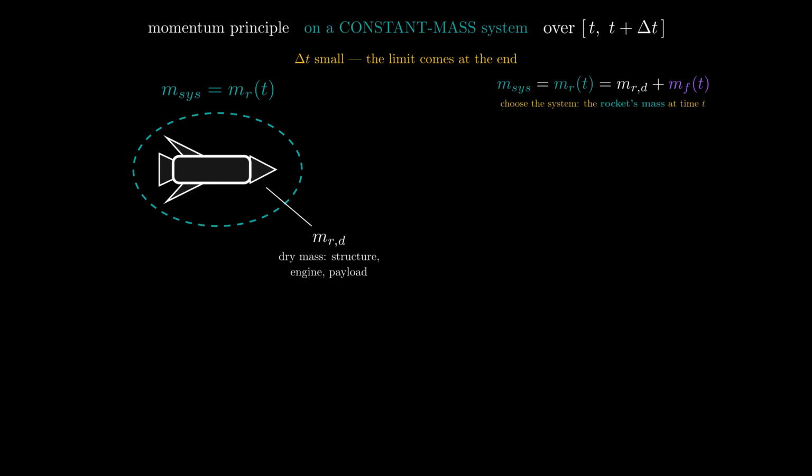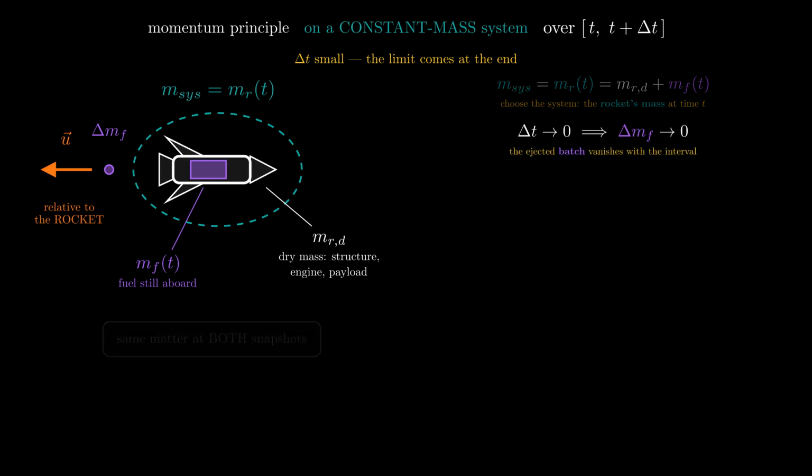M sub rd, the dry mass, structure, engine, payload, plus m sub f of t, the fuel still aboard at time t. During the interval, the engine ejects a small batch of fuel of mass delta m sub f backward at u relative to the rocket. As delta t goes to 0, the batch delta m sub f goes to 0 with it.